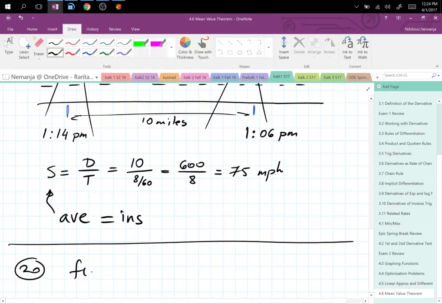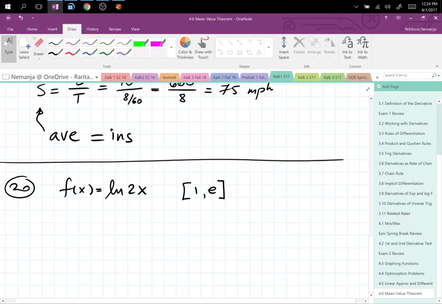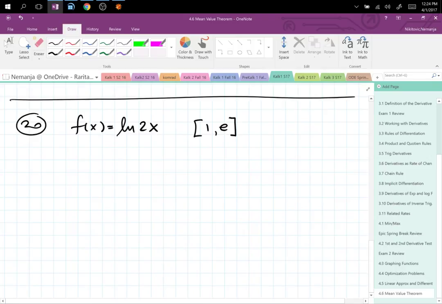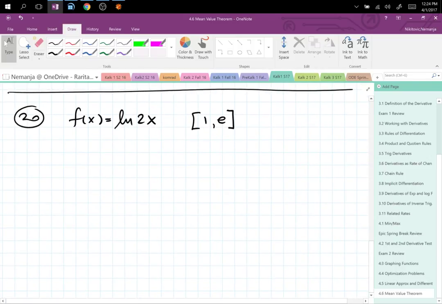So the function f of x is equal to ln 2x, and we are on the interval 1 to e. Is it continuous? Yes. Is it differentiable? Yes. So you have to check that. So we can differentiate, and we have continuity.